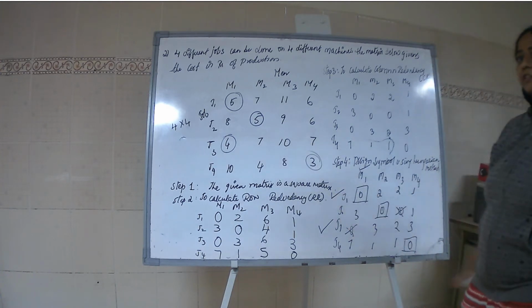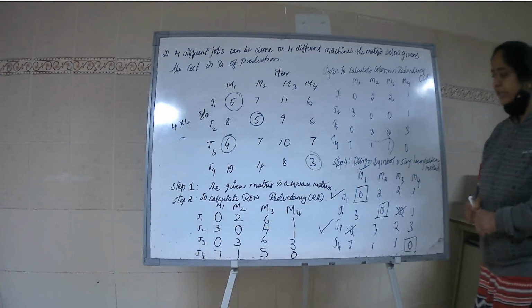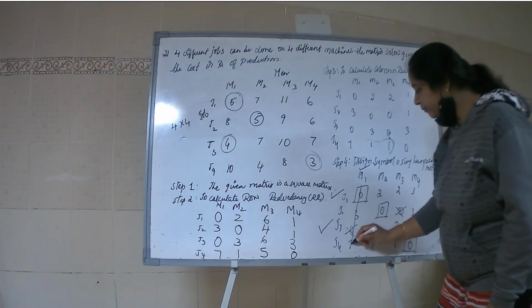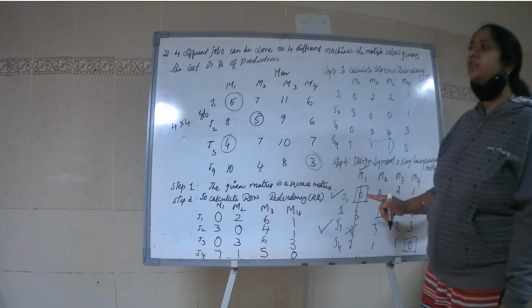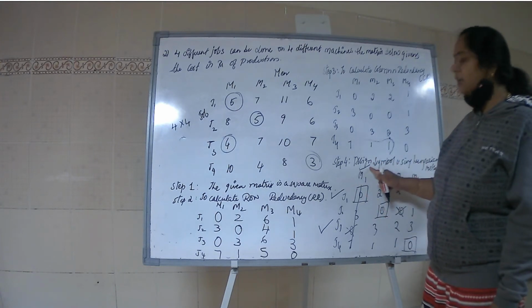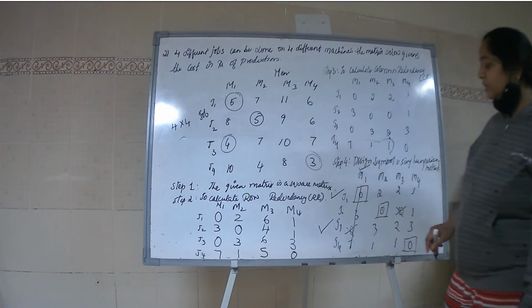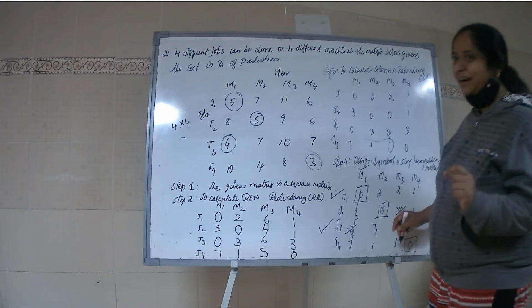Still it did not finish. Then the next thing you need to do is strike the column where you have assignment. Again I am repeating, students, you have to tick the column where you have assignment and strike the rows where you don't have a tick mark.